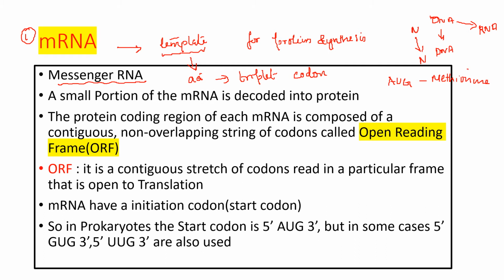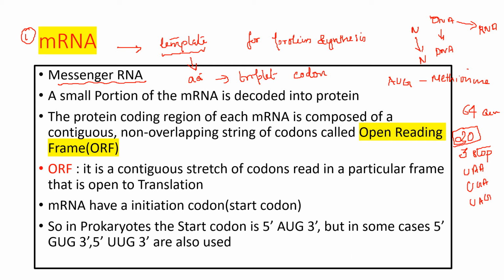Like that, we have 64 genetic codons, of which 61 code for 20 different amino acids and 3 are stop codons, like UAA, UGA and UAG. So these all are stop codons.